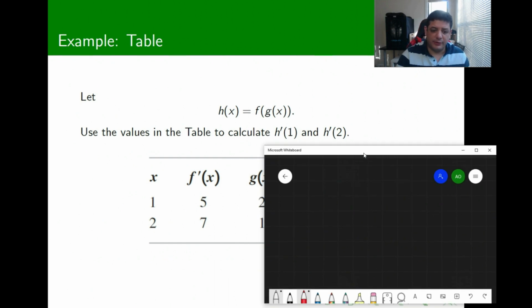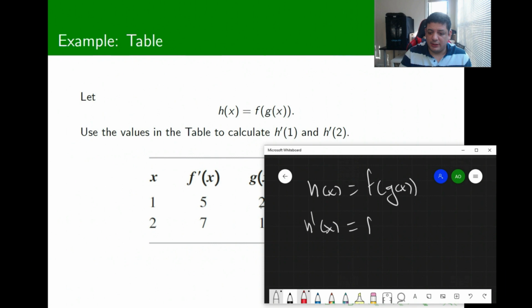So what we want to do is use the fact that h equals f of g of x, f composed g of x, and the formula of h prime being f prime of g of x times g prime of x to calculate the values of h prime of 1 and h prime of 2.